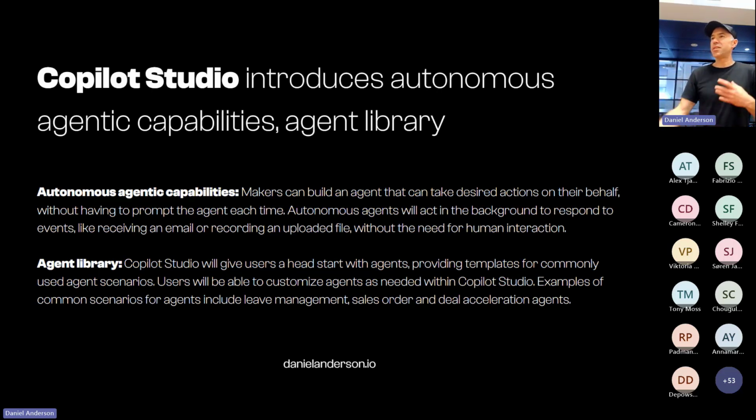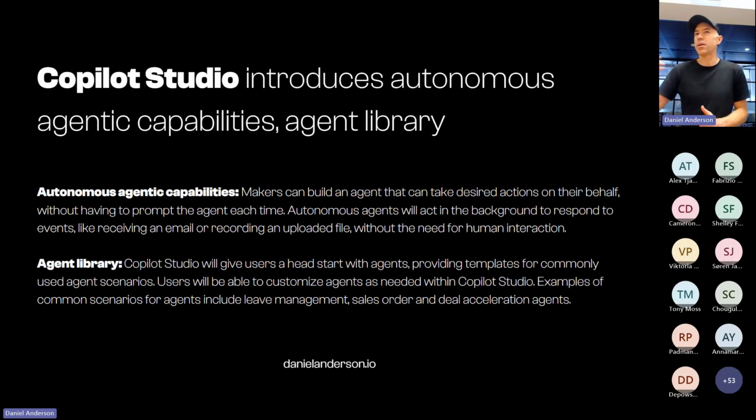Copilot Studio, introducing this autonomous agentic capability. I think agents, or agentic agents, are going to be a pretty frequently used topic around 2025, but you're going to be able to build agents that can actually do stuff for you. All right, so they'll be able to sit there, listen for things, act on things, and actually perform actions.